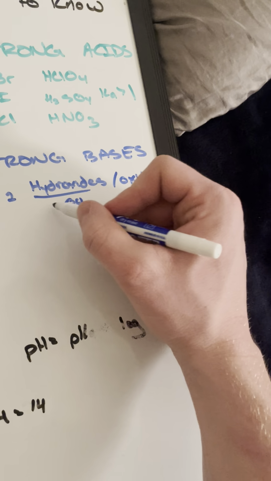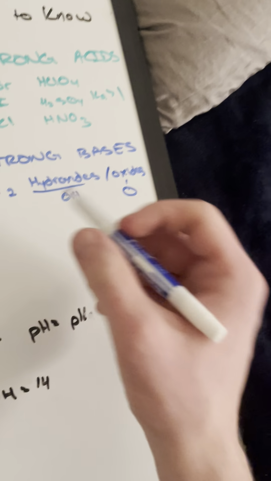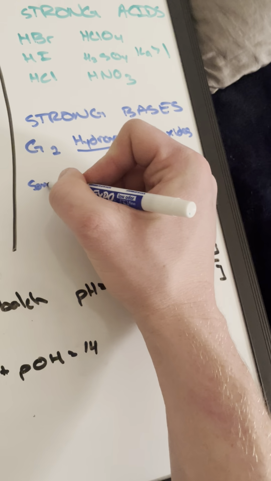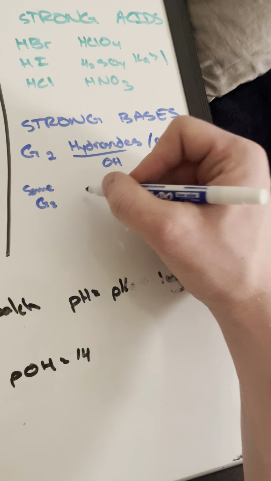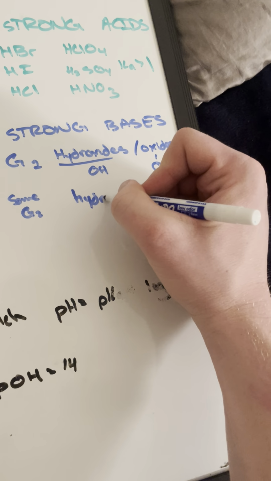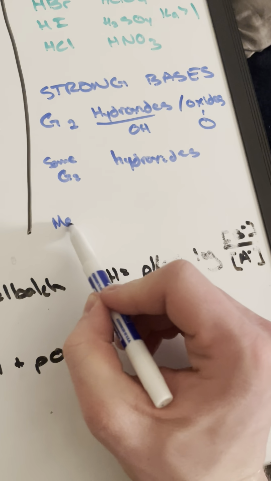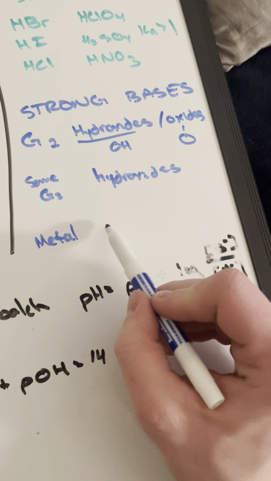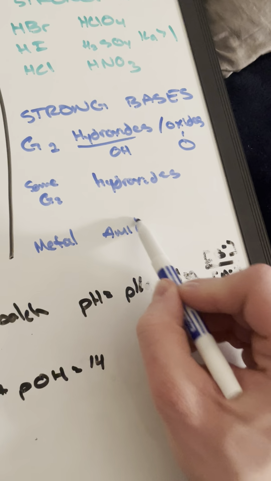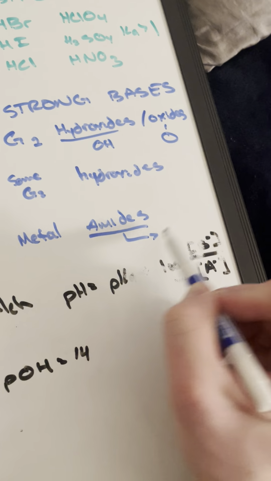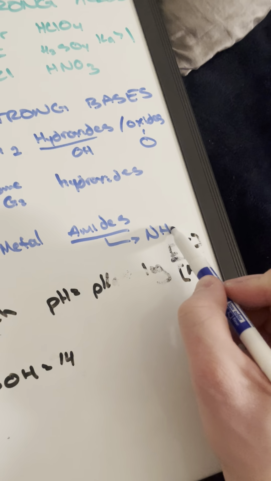Hydroxides are something with OH. Oxides are going to be O. Some group 2 hydroxides. And then metal amides. And then an amide is going to be an NH2 group.